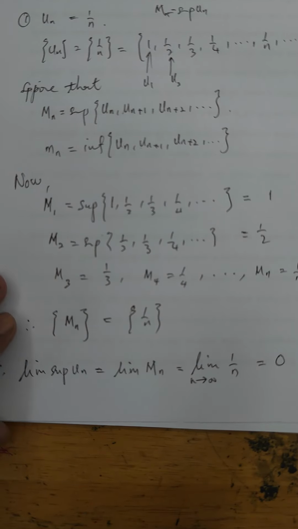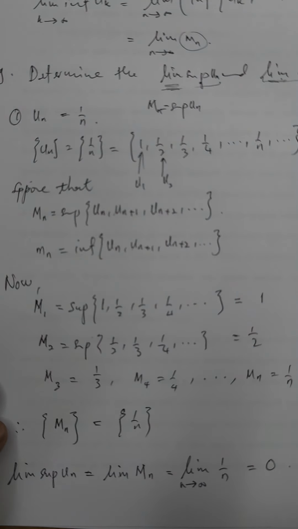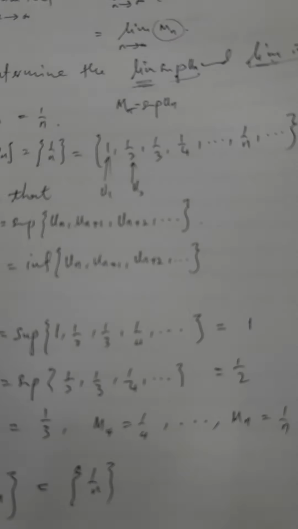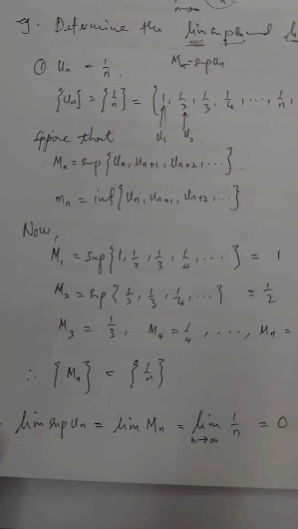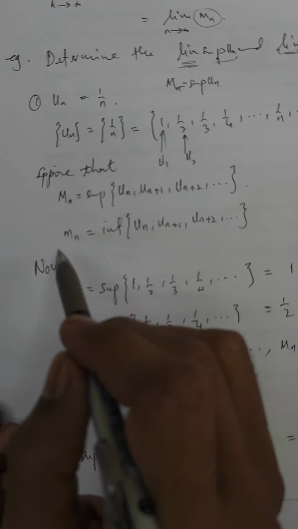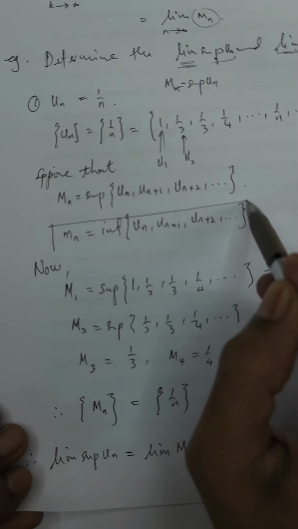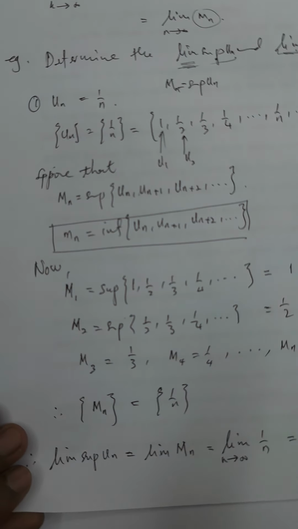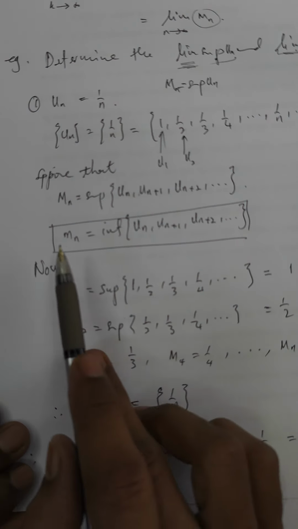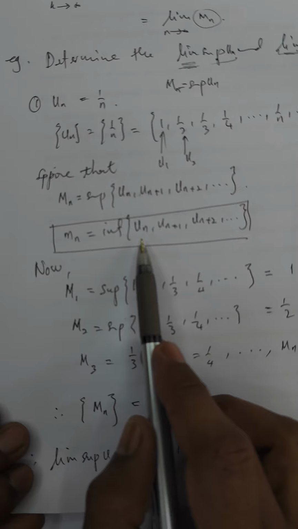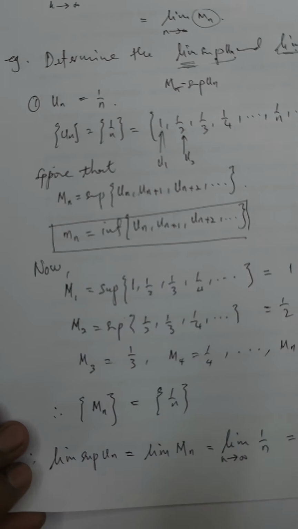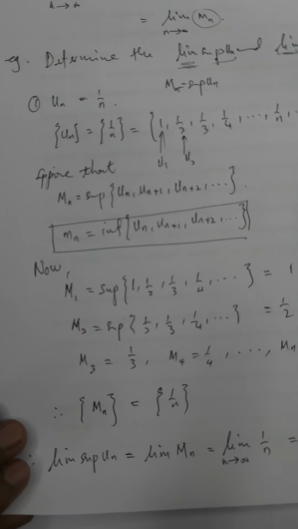Now, having done that, you can also find the lim inf for the sequence. We come to the definition again for the infimum. That definition, we have mn is equal to the infimum of Un, Un+1, and so on. So let us try to find each of those elements mn.